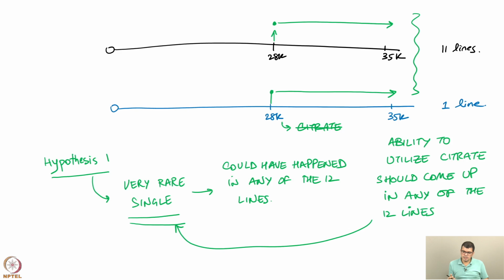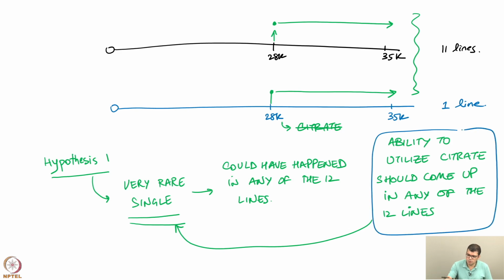So there is no reason that it should again arise in the line which had already acquired the ability to utilize citrate. So every line has the same probability of evolving to utilize citrate. So that is the experiment that they did to check whether hypothesis 1 was true or not, and if hypothesis 1 was true, this is what is our null expectation.